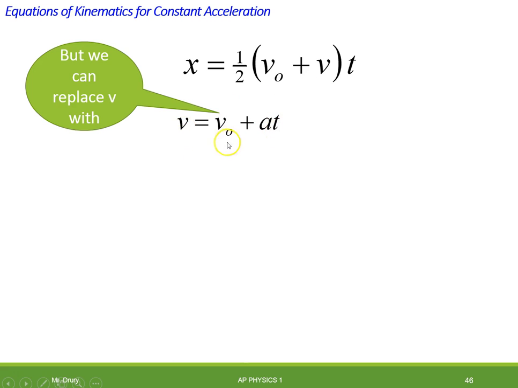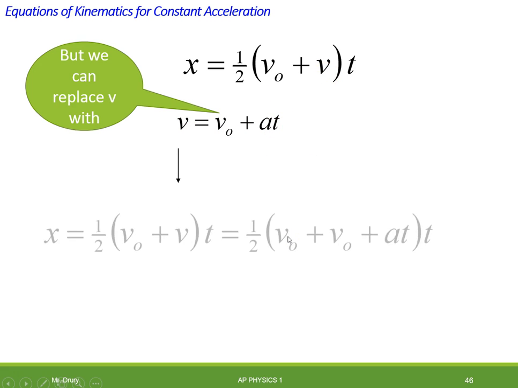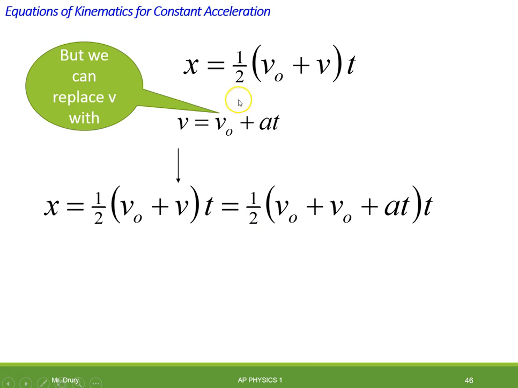In other words, put all this stuff in for v here. And that would give us this expression. If you look at the algebra of this, it's not really that bad. When you reduce it down, you would get this. Take a moment and look at it and see if you can understand how it got that way.